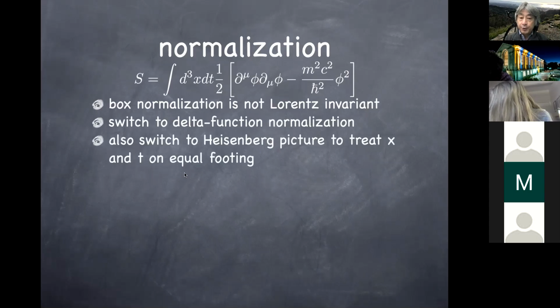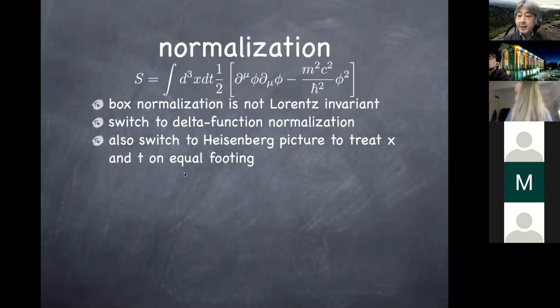Another thing we'd like to do is to treat space and time on equal footing. What we have done mostly so far is to use the Schrödinger picture. In the Schrödinger picture, the operators don't evolve in time, states do. But then we are not treating space and time on equal footing, because the field operator phi is a function of position in space, which is why it is a field, but doesn't depend on time in the Schrödinger picture.